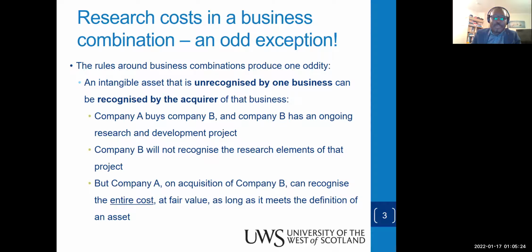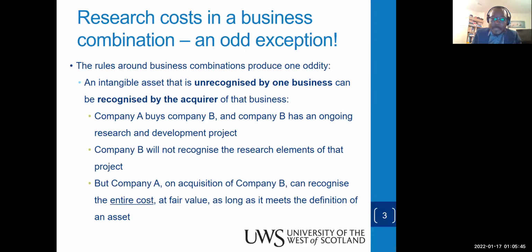So, for example, if company A buys company B and company B has an ongoing research and development project, the rule is that company B will not recognize the research element of the project. They are still developing it. They are still in the research.